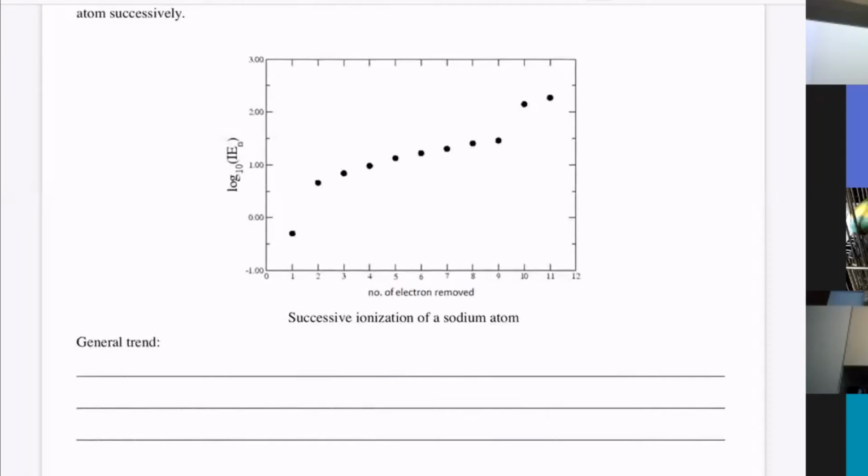Okay, Marcus, can you let me know what general trend you find on the diagram? Okay, others, what do you think the general trend is?